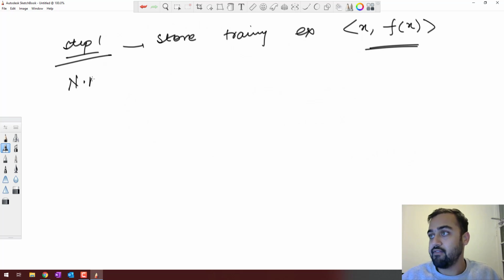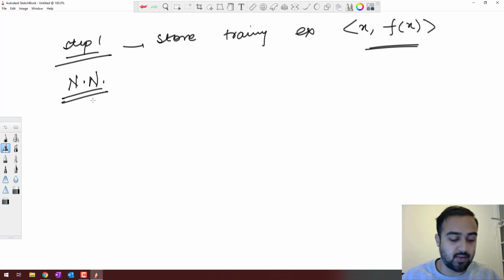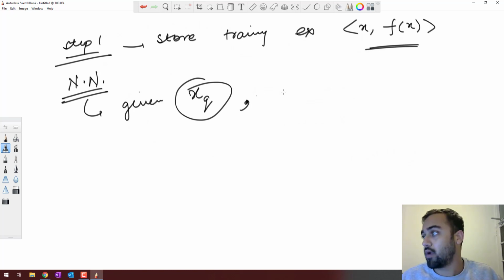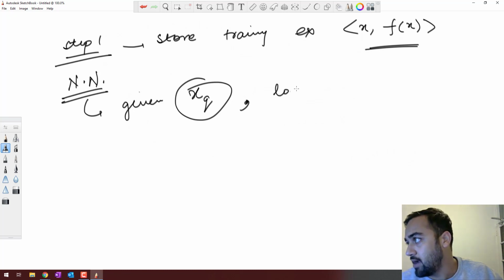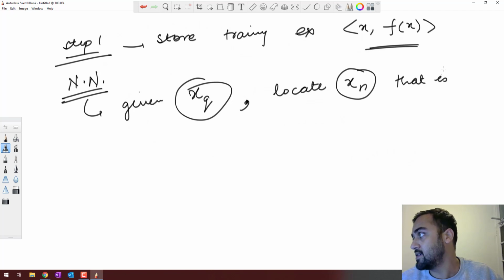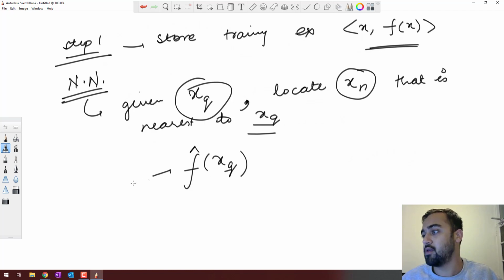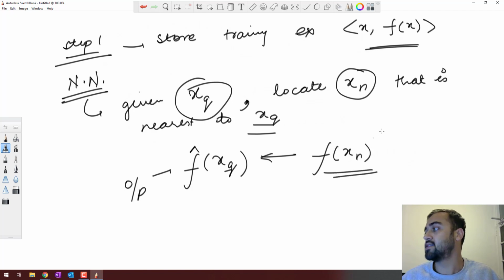If you have just the nearest neighbor, where you consider one single neighbor, given a new instance xq, you locate the nearest training example xn, that is nearest to xq, and then estimate f hat xq, that means the output, as f of xn.